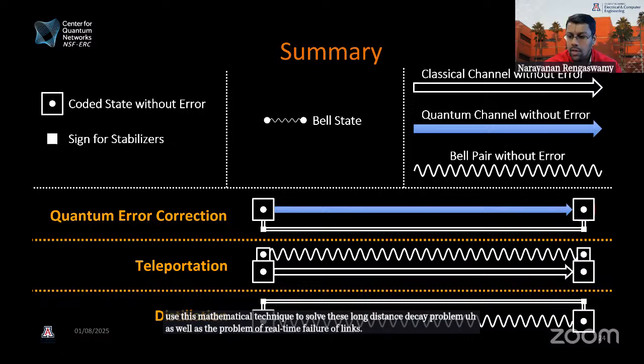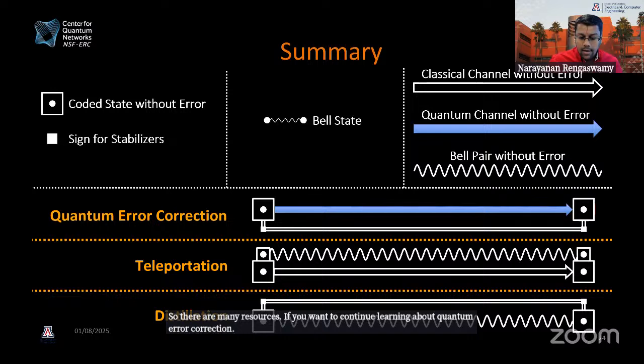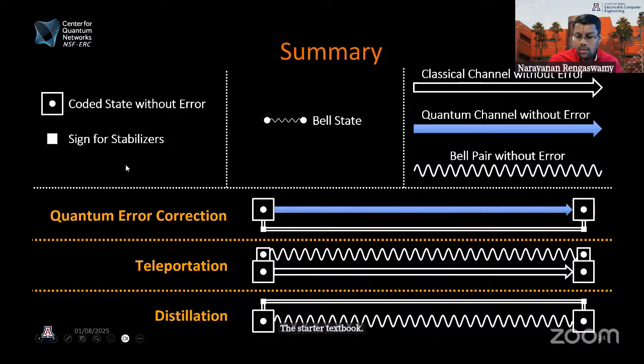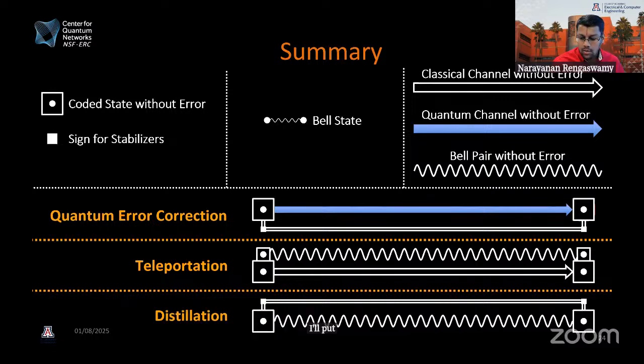So there are many resources. If you want to continue learning about quantum error correction, the standard textbook in the field is called Quantum Computation and Quantum Information by Nielsen and Chuang. That's the standard textbook that many people use. I'll put it in the chat here.